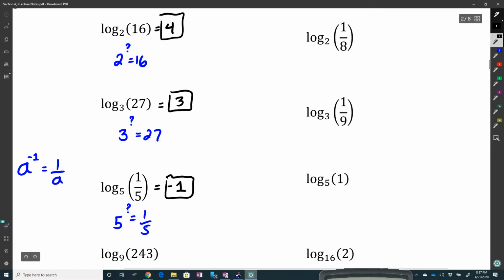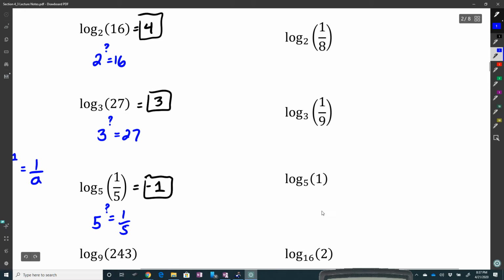So these ones on the right side are a little harder. 2 to the what equals 1/8? Well, 2 times 2 times 2 is 8. So it's actually 2 to the negative 3. Because 2 cubed is 8, but notice that the 8's in the denominator, so that means it's negative.